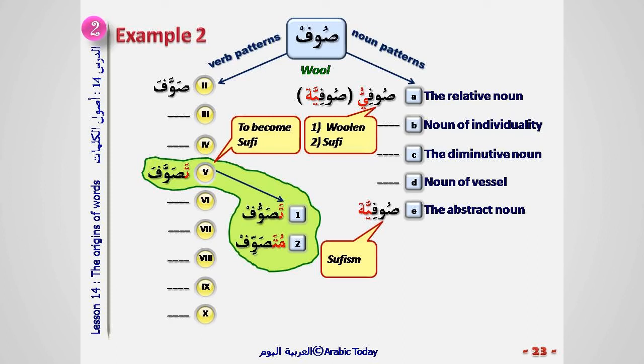Hence, the abstract noun Sufiya, Sufism. The abstract noun is obtained by the feminine of the relative noun. Some English equivalents to these nouns generally end with the suffixes ism and ty, like nationalism and humanity.